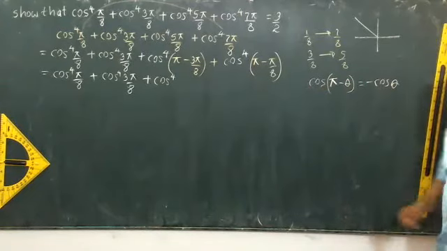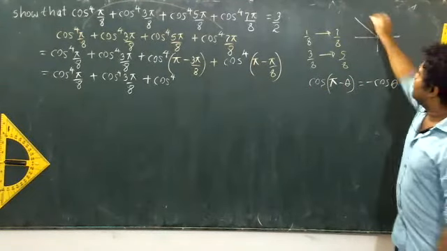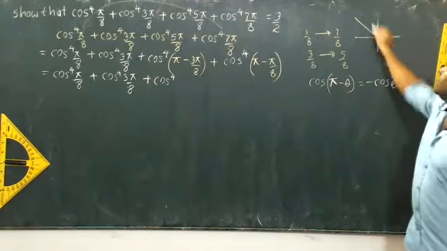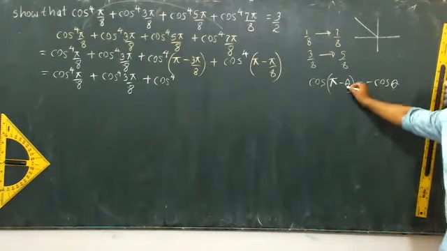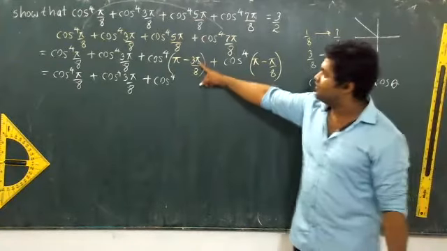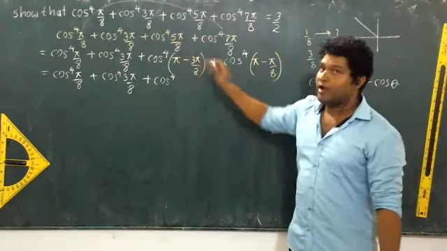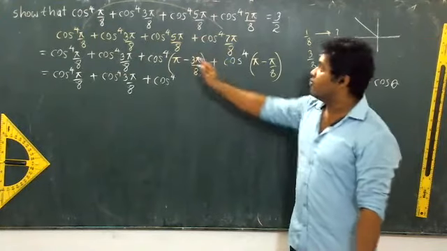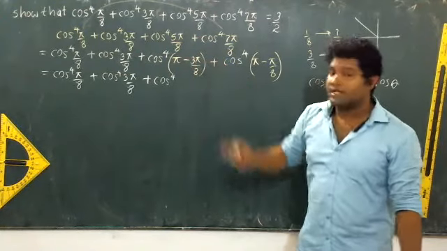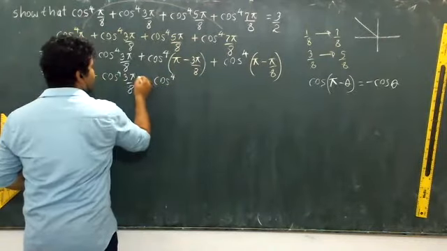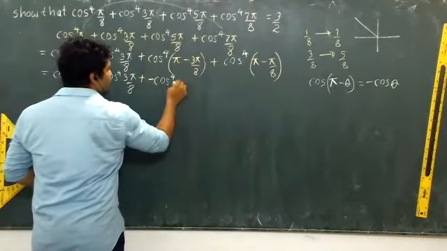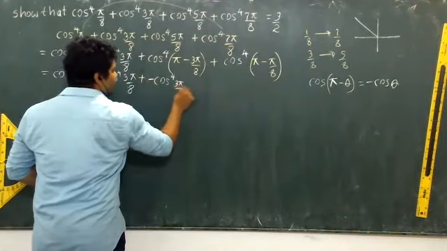The answer is coming in terms of cos, but the values of cos are negative in the second quadrant. Therefore, minus cos θ. But instead of θ, now what do you have? 3π/8. Then π minus θ gives minus cos θ: π minus 3π/8 gives minus cos 3π/8.